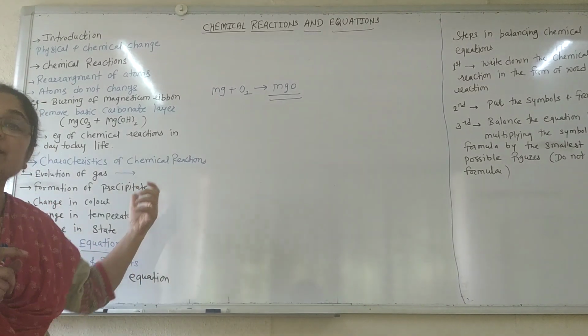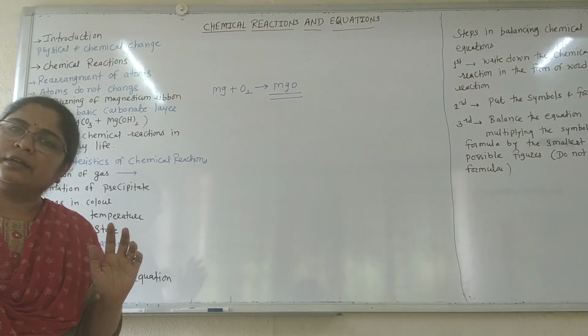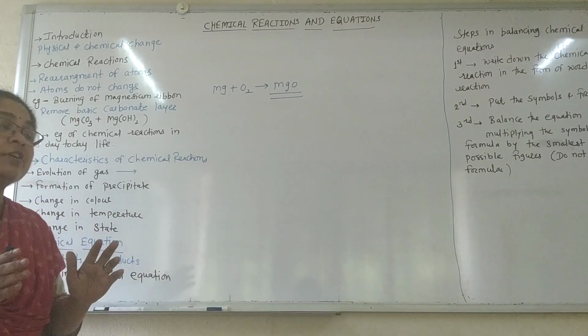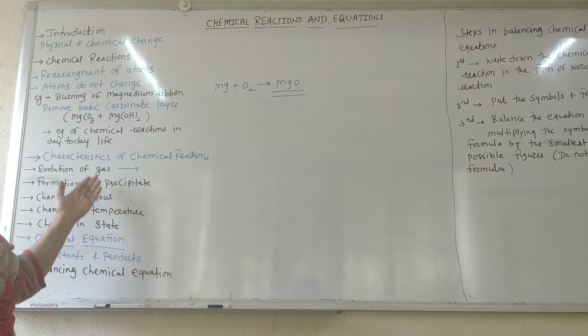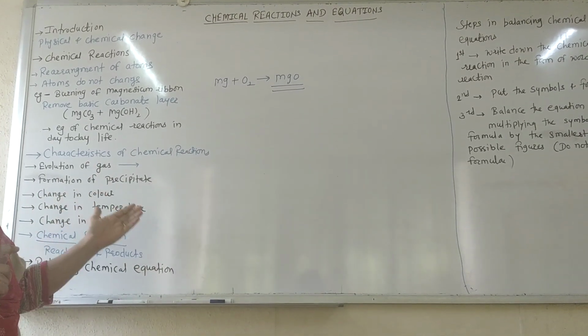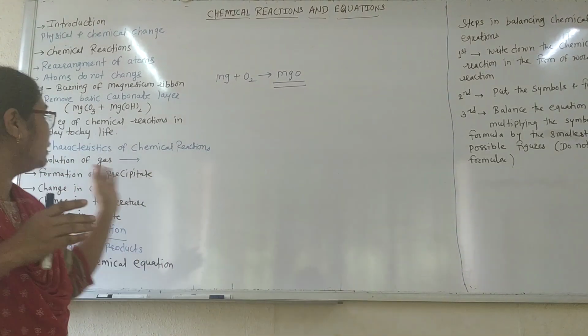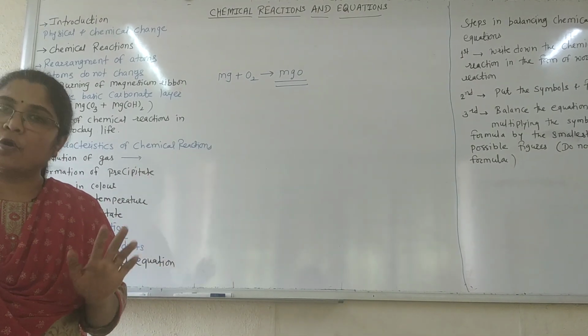Not all the changes take place in one reaction, but sometimes in one reaction certain changes occur, which can be evolution of gas or change in color. Sometimes two or more characteristics can be seen in only one reaction, but not all.